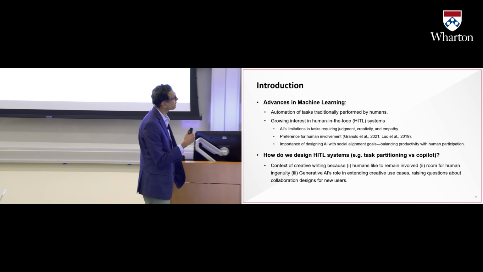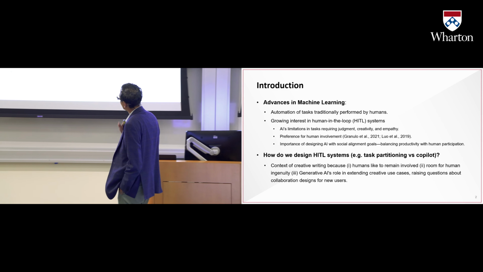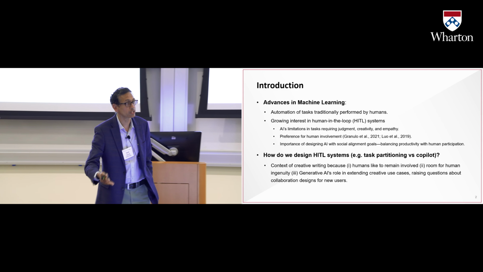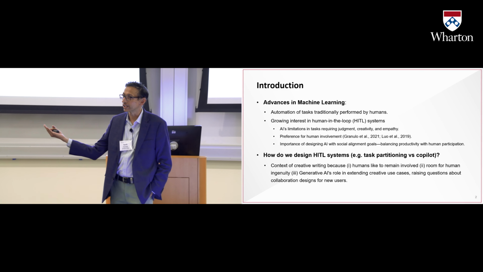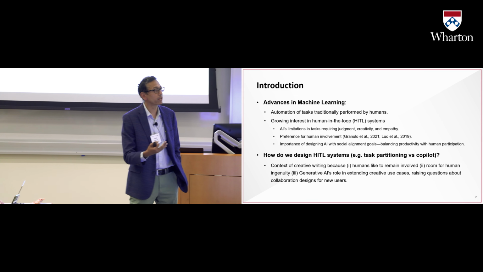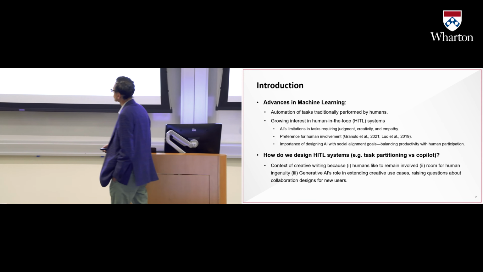Creative writing is a particularly interesting context for human AI collaboration because creative writing is a setting where humans like to actually be involved, versus fully outsourcing the creative work to AI. And also it's a setting where human ingenuity still has a pretty important, interesting role to play.